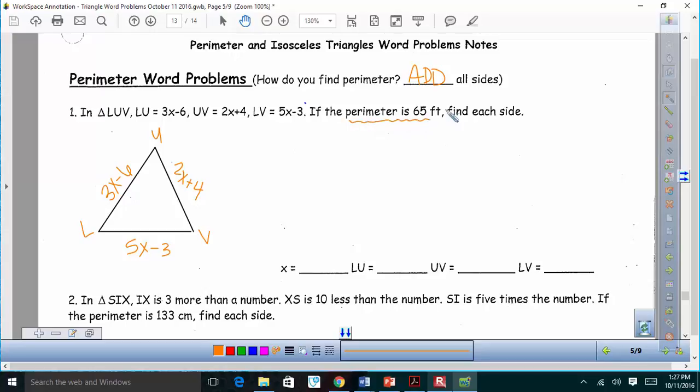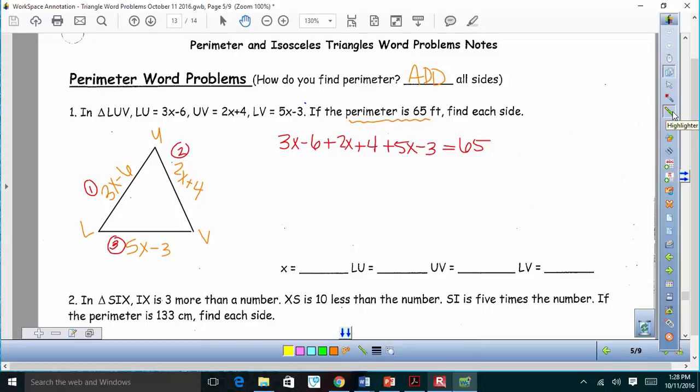So you just told me to find the perimeter of something, we add all the sides together. So I'm going to take this side plus this side plus this side, and it should equal 65 because that's what they tell me the perimeter is. So we're going to do 3x minus 6 plus 2x plus 4 plus 5x minus 3, and that should equal 65.